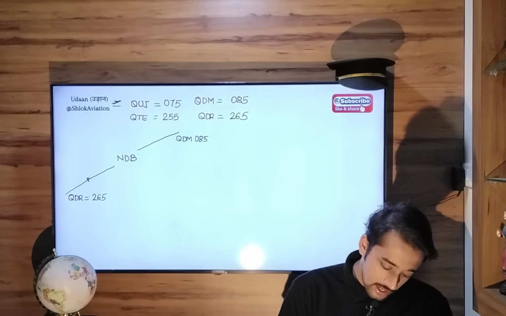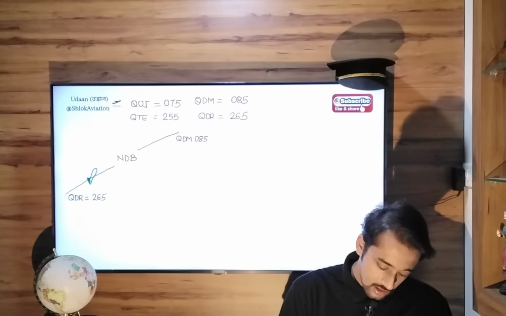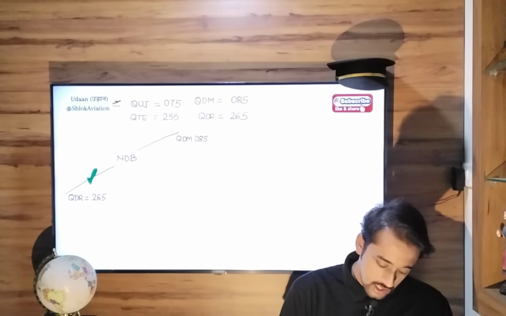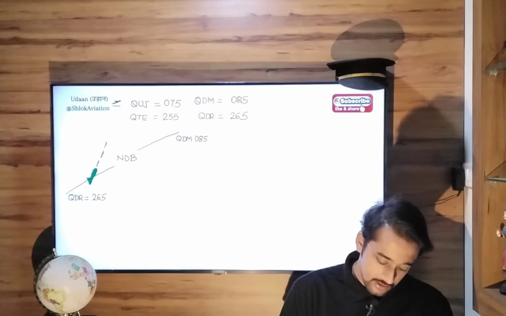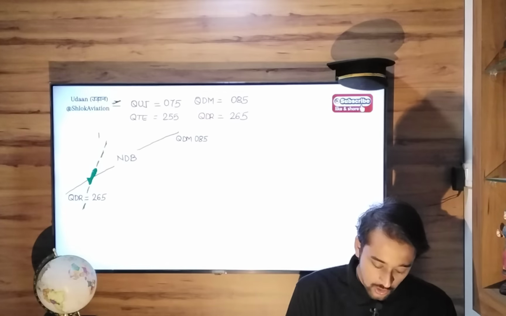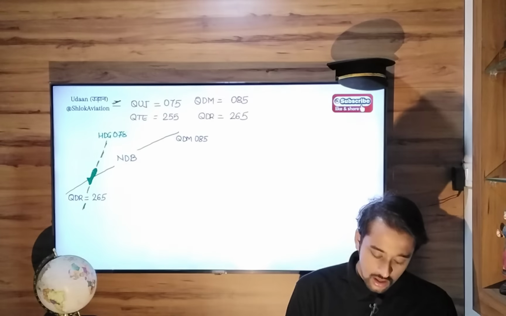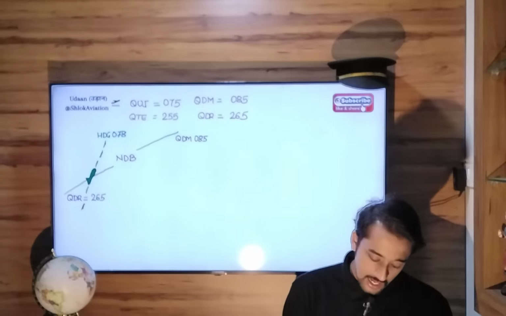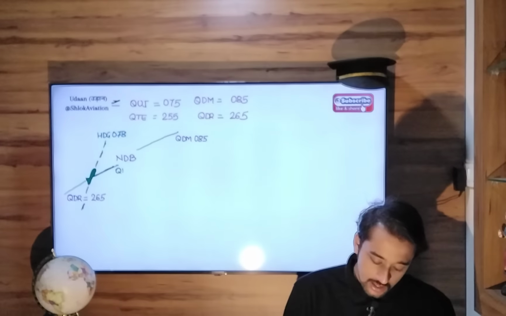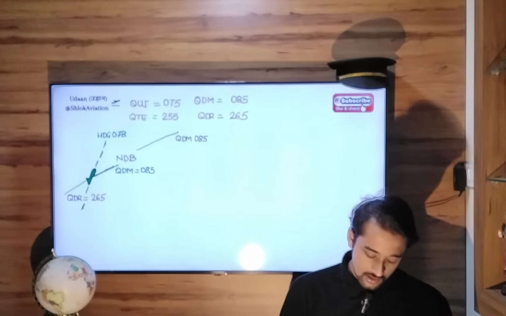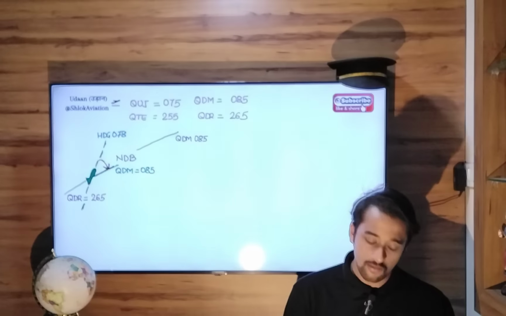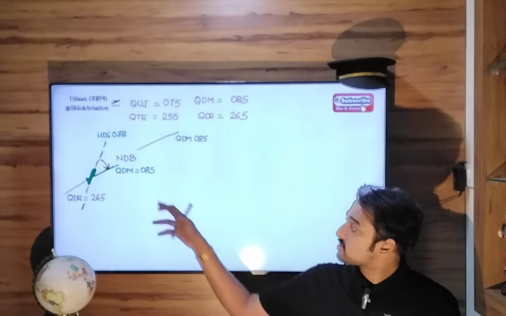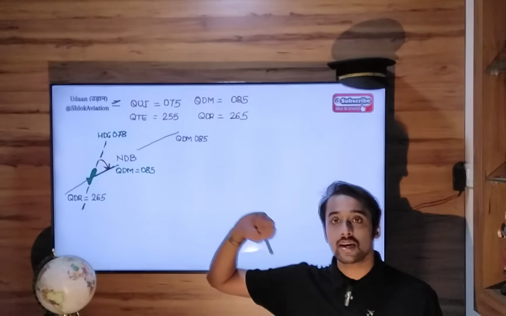So the aircraft will point a little bit towards the left-hand side. So heading is 078. Now we have to find relative bearing. What is relative bearing? The angle between QDM and your heading. So that angle will be this, clockwise starting from the heading. So what is the difference between these two angles? 85 minus 78 is what?